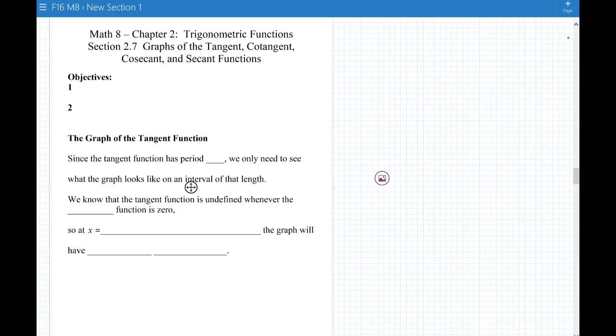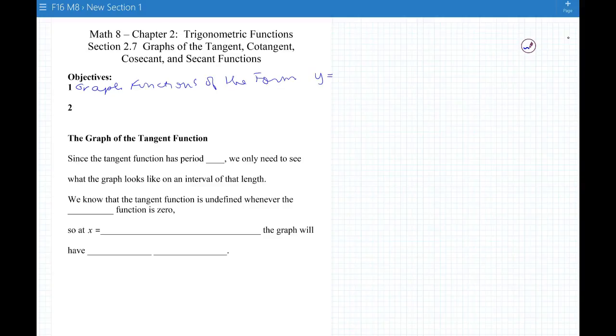So first we're going to graph functions of the form y equals a tan omega x plus b, and y equals a cotangent omega x plus b.